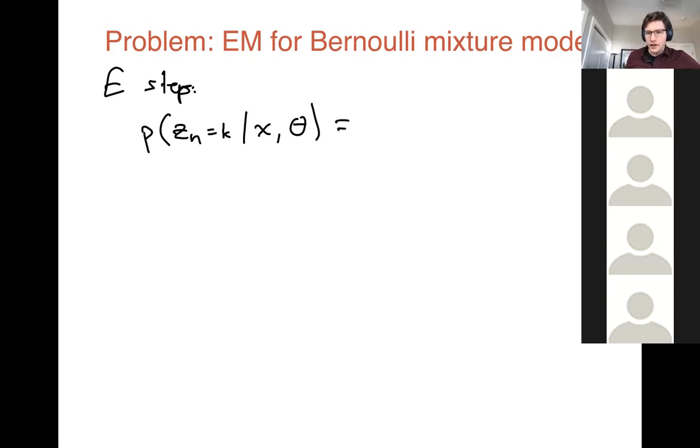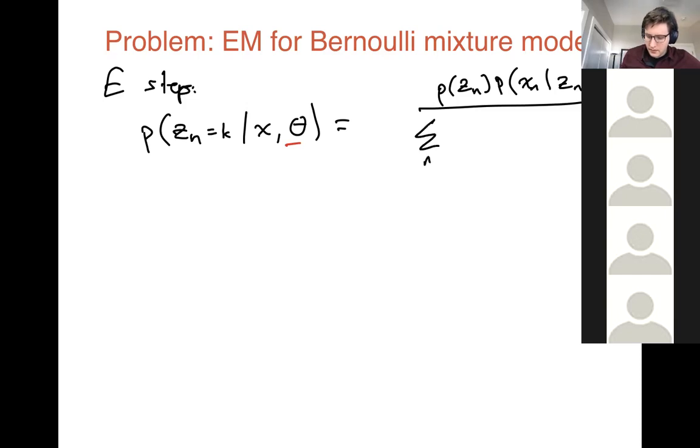We're going to do the same thing we've done a lot of times in this course, which is just use Bayes' rule. So this equals probability of Zn times probability of Xn given Zn. I'm dropping the dependence on theta here just for the sake of notation, but all these are given theta, divided by the sum over Zn prime of the same thing as above, but with Zn prime.